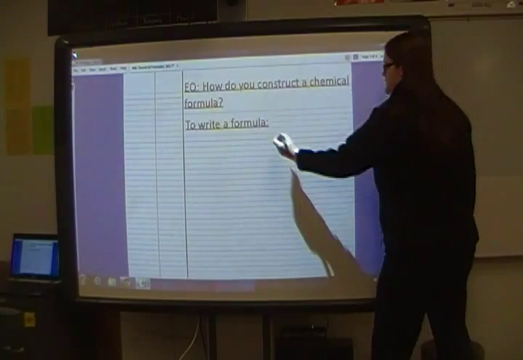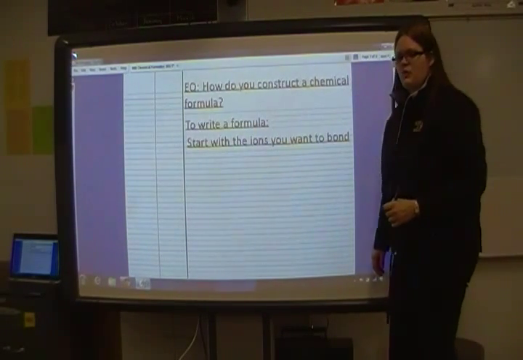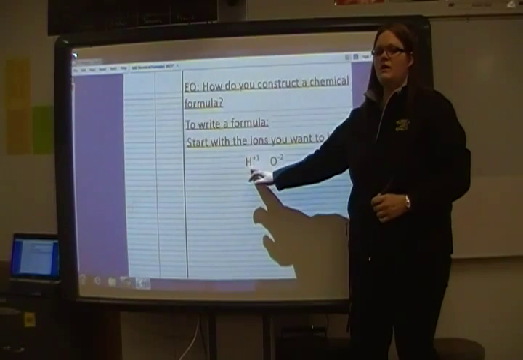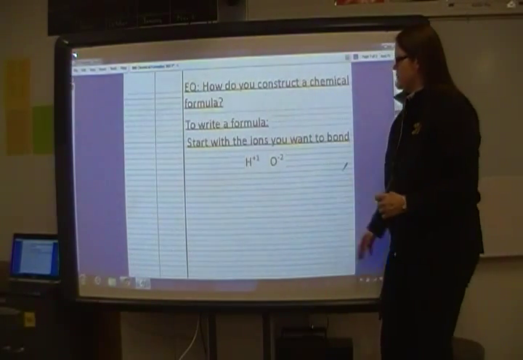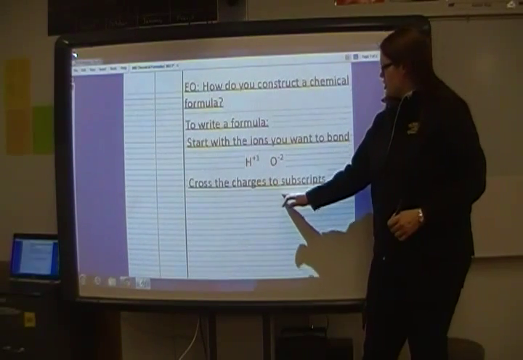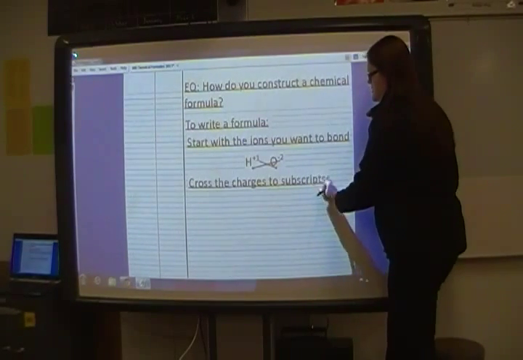To write a formula, you need to start with the ions that you want to bond. For example, we have hydrogen plus 1 and oxygen minus 2. We're going to cross the charges down to subscripts, so it looks like this.